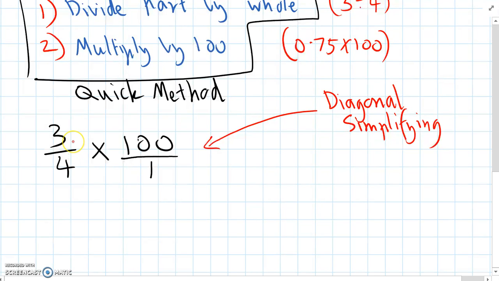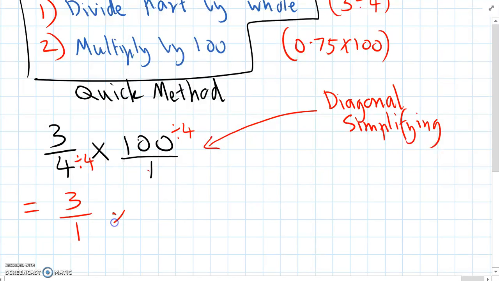So back here, we can think, instead of just looking for a common factor between 3 and 4, because we can't simplify 3/4 any further, we can look for a common factor between 4 and 100, or 3 and 1. So 3 and 1 doesn't have any common factors that we can make more simple. So 4 and 100, that has a common factor of 4. So we can divide each one of those by 4, and that simplifies what we have.